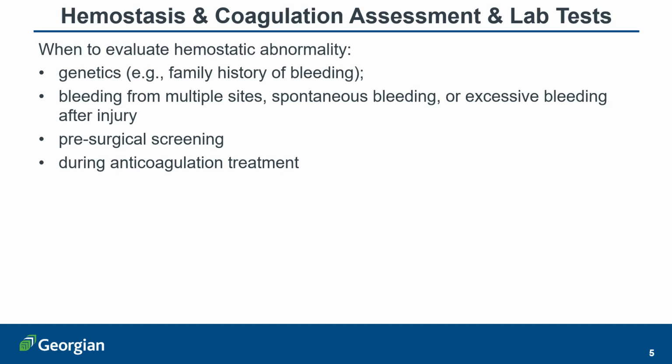Typically, this is done pre-surgically because you don't want to have the complication of post-surgical bleeding when, for example, the hemophilia A or B wasn't identified before surgery. In addition, during anticoagulation treatment, you have to know what the actual coagulation defect is or if thrombocytopenia is present in order to provide proper nursing care.